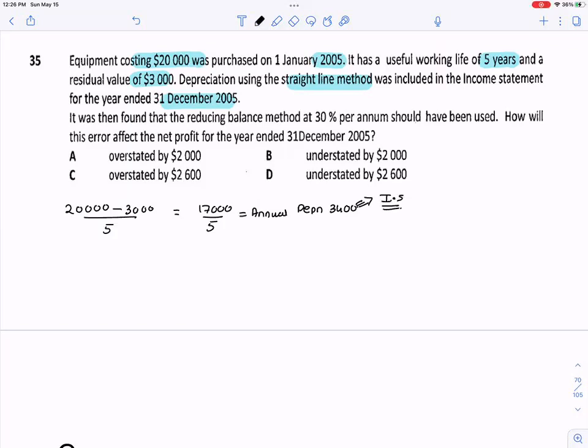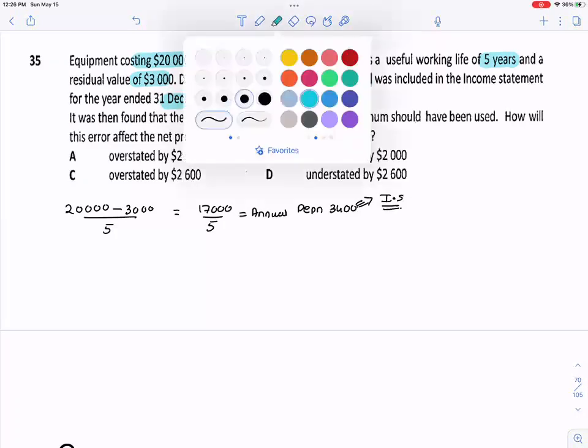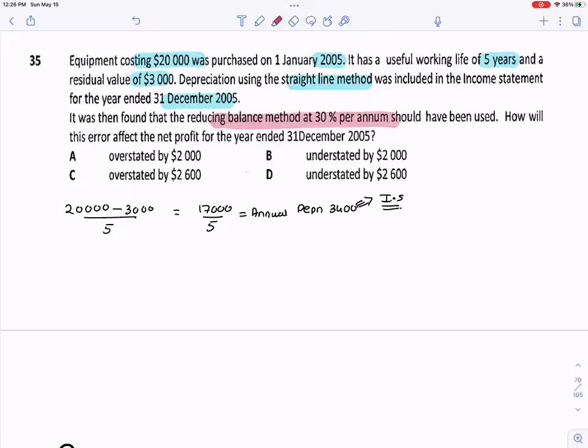It was then found that instead of this, he should use the reducing balance method at 30%. So instead of charging depreciation of 3,400, he should have used reducing balance method, 20,000 into 30%, 6,000. And he should have put 6,000 in the income statement. How will this error affect the net profit?